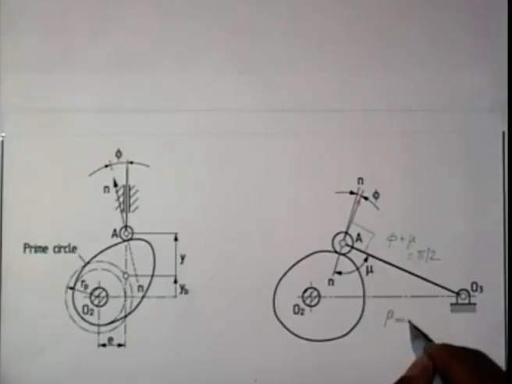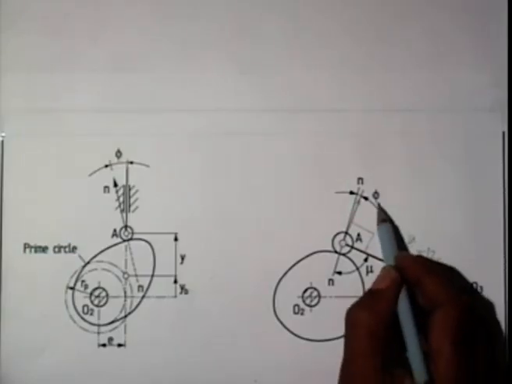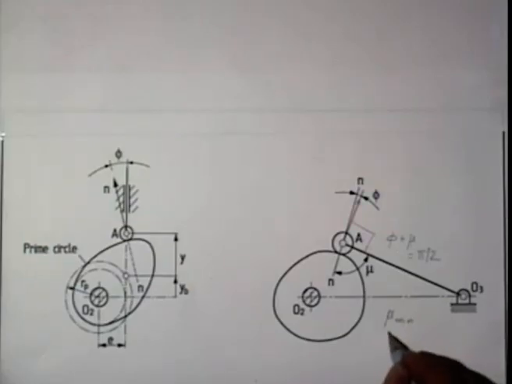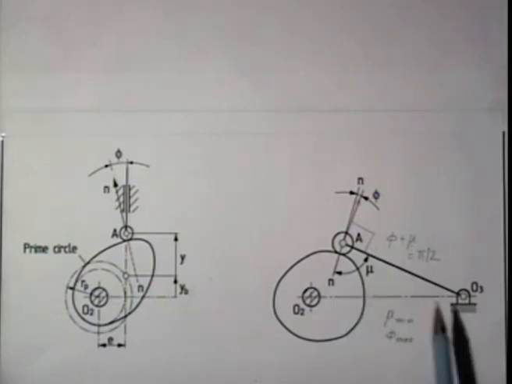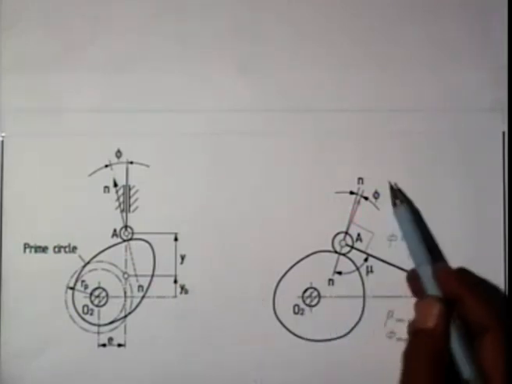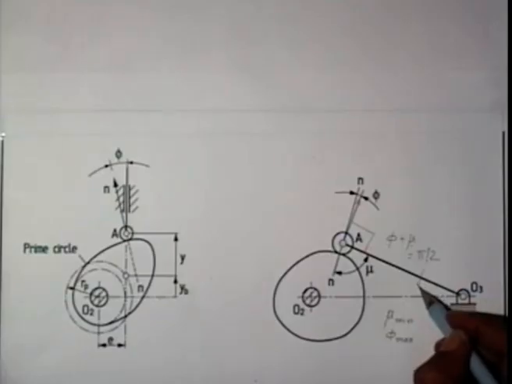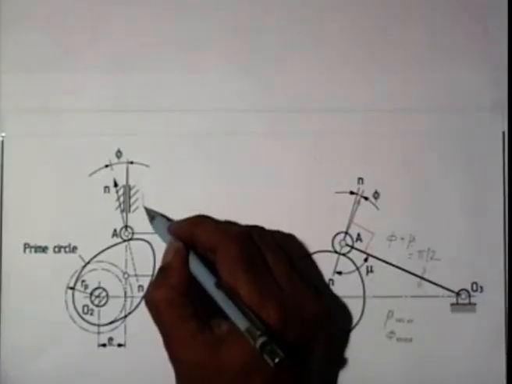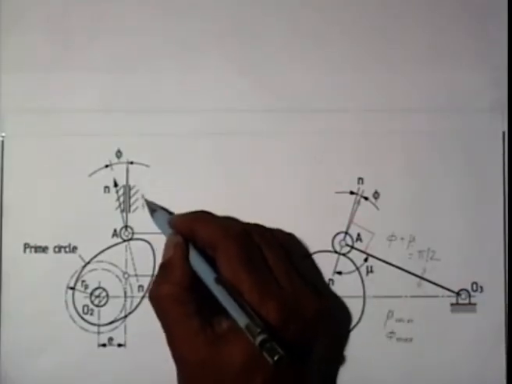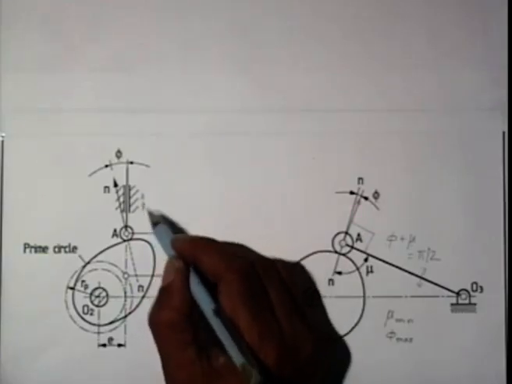Whereas in case of cam, we are talking of the pressure angle phi, and we are concerned about the maximum value of phi, which must not be beyond a given allowable value. As we said, phi max is normally about 45 degree for the oscillating follower, and for the translating follower, phi max is normally kept within 30 degree.